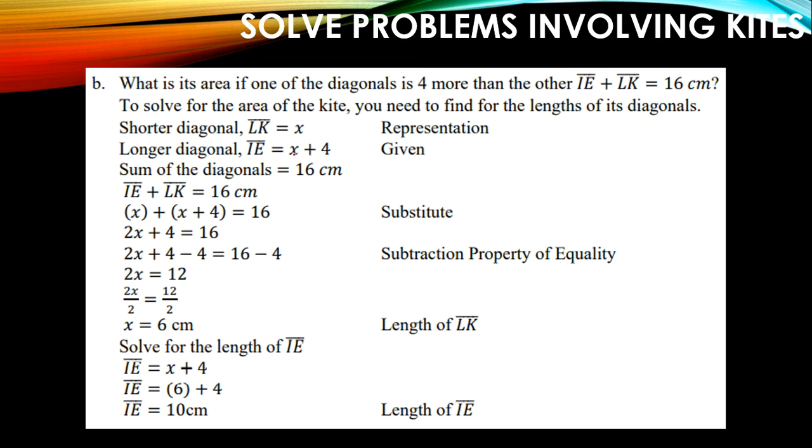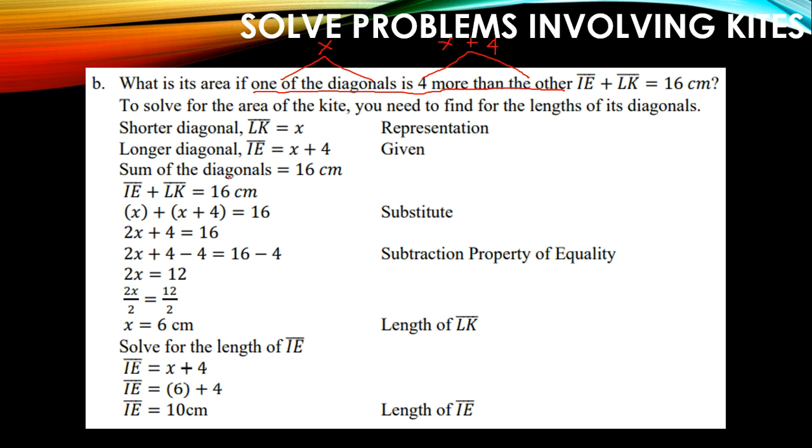Asa man ta nakakuha ning X and X plus 4? Okay, gikan ni siya diri sa kaning phrase: one of the diagonals is 4 more than the other. One of the diagonals represents the X. 4 more than the other represents the X plus 4. Okay, muna siya.